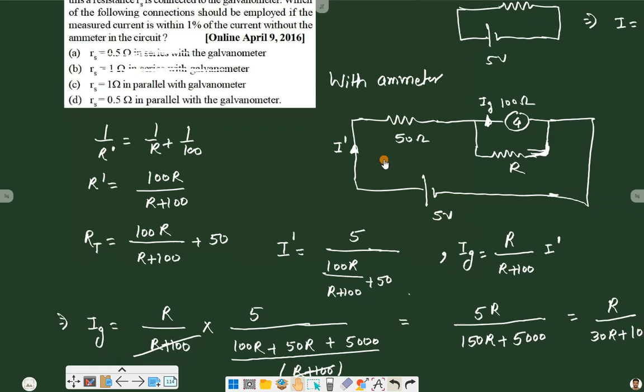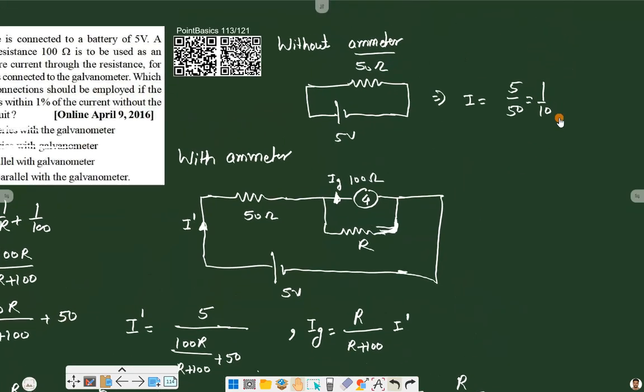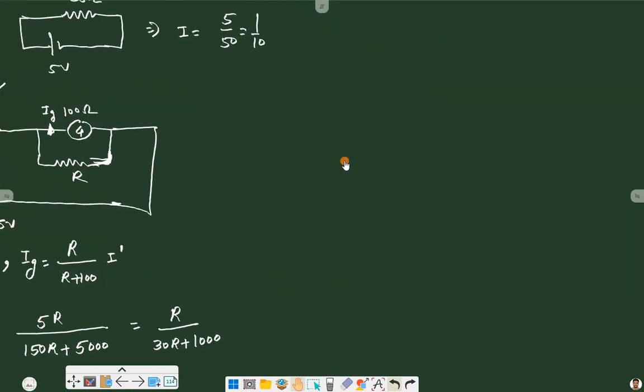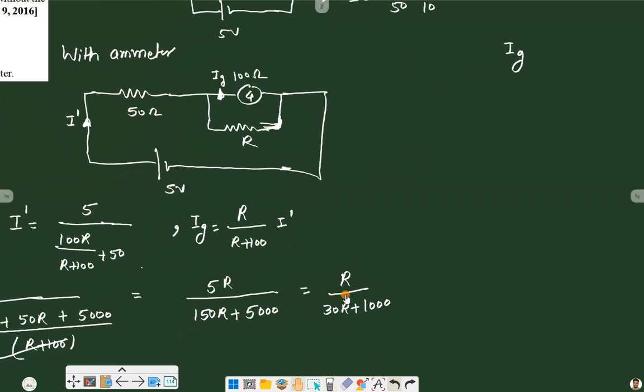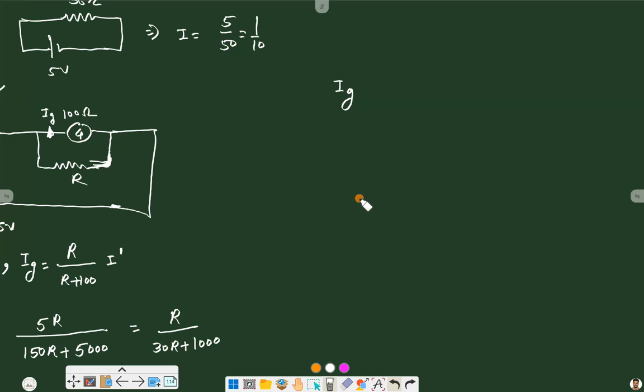So this current should be within 1% of this value. So using these two, as mentioned, Ig is within 1% of I.